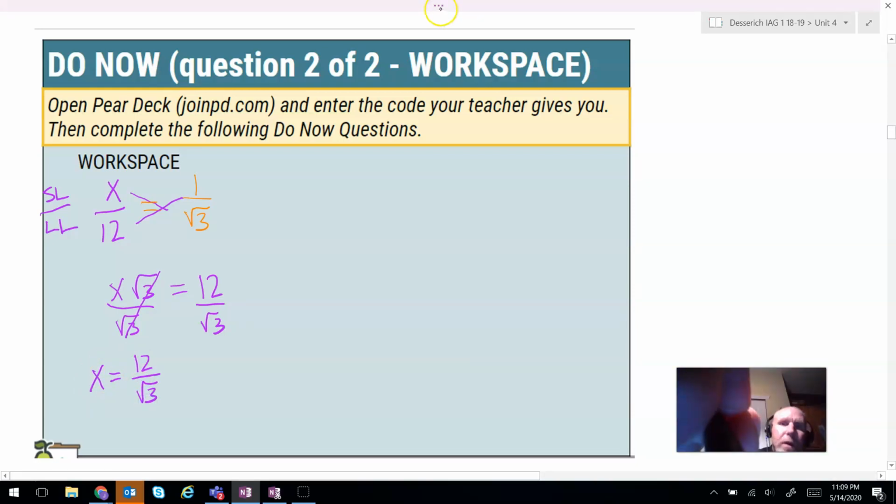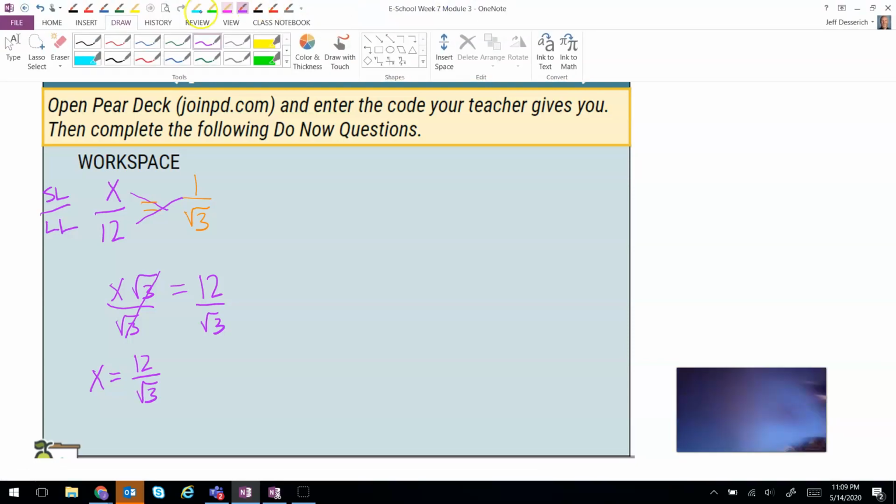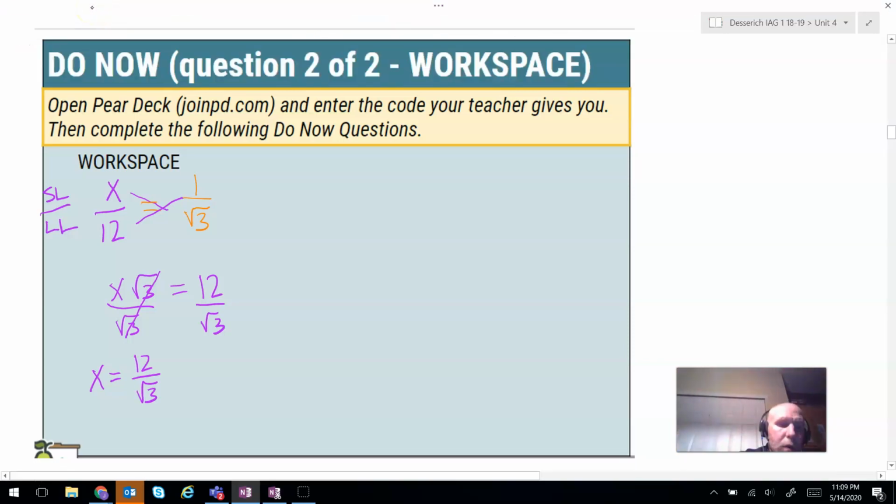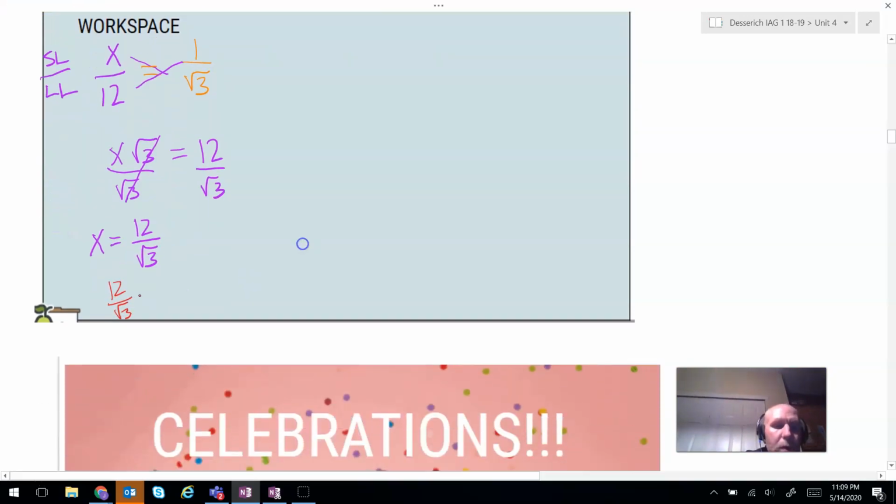And if you remember correctly, that's a correct answer, but we do not want to have a square root in the denominator. So we're going to take 12 over the square root of 3, and we will multiply it times the square root of 3 over the square root of 3, which leaves us with 12 square root of 3 over, again, that's the square root of 9, but the square root of 9 is just 3.